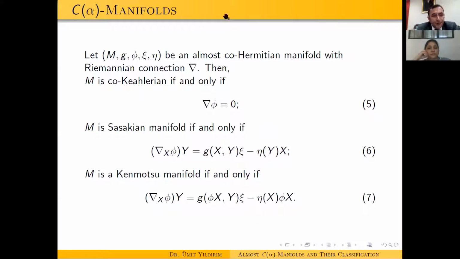Let (M, g, phi, xi, eta) be an almost co-Kählerian manifold with Riemannian connection nabla. Then equation 5 holds. M is co-Kählerian if and only if nabla phi equals 0. M is a Sasakian manifold if and only if equation 6: (nabla_x phi)y equals g(x, y)xi minus eta(y)x.